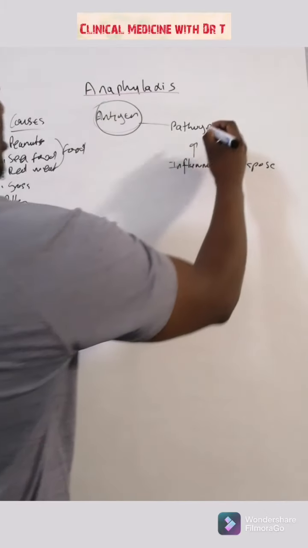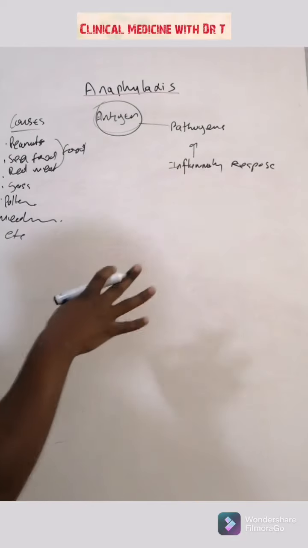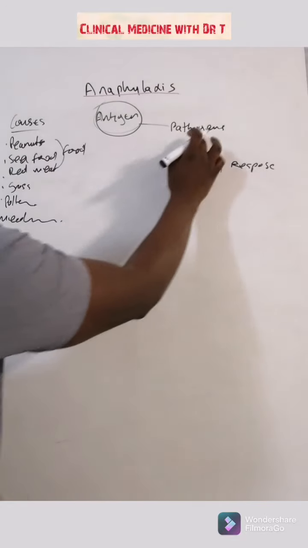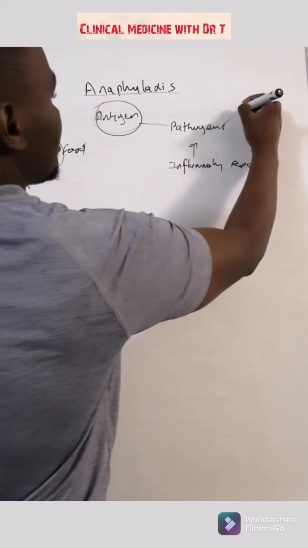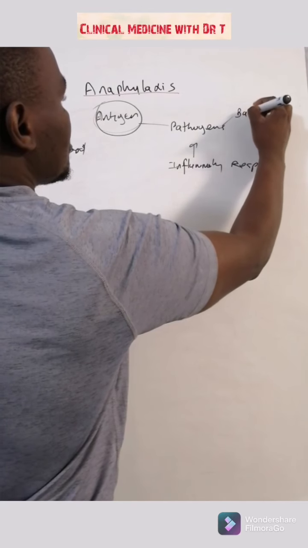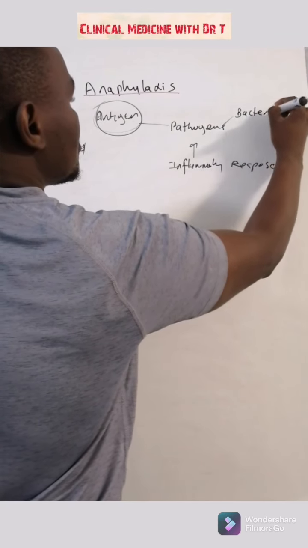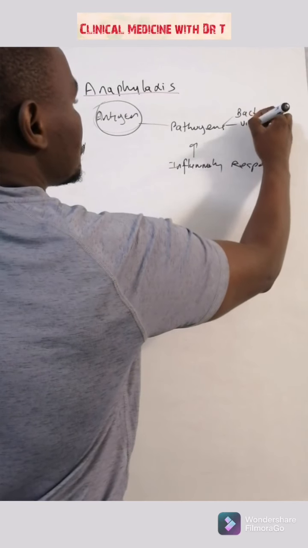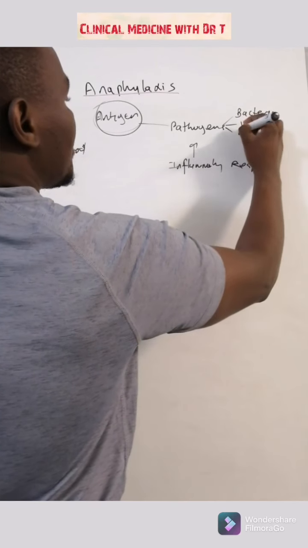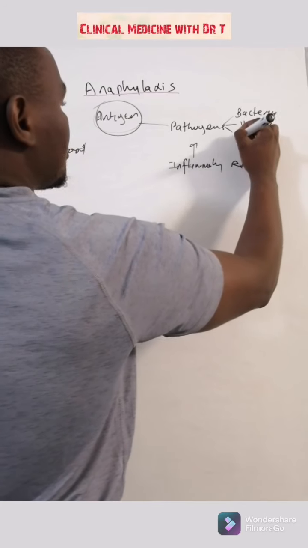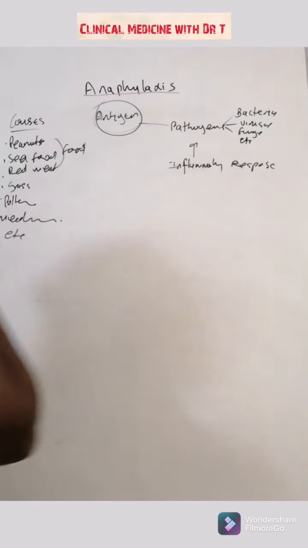So, and we said that your disease causing antigens are called pathogens, and those are bacteria, viruses, fungi, and the likes, right?